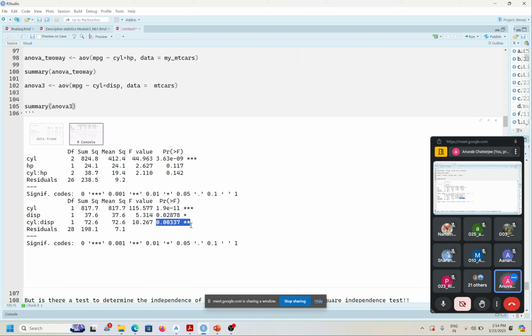So this is the kind of idea you get from an ANOVA test. In the case of two-way ANOVA, is there a relationship between two different variables playing together to affect a third one.